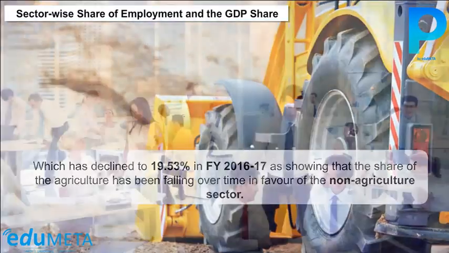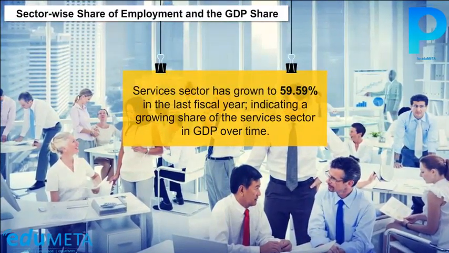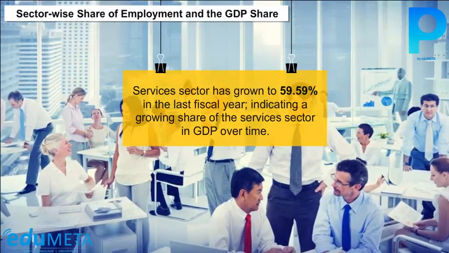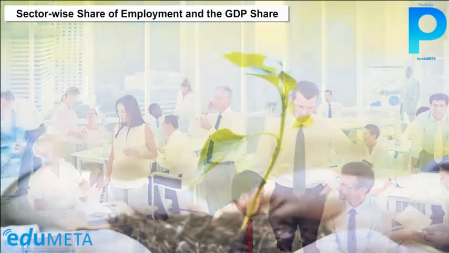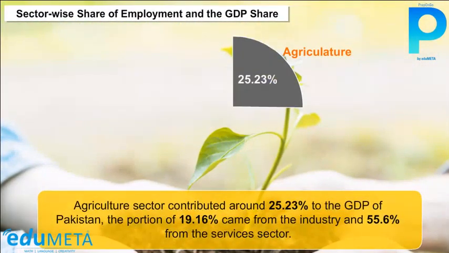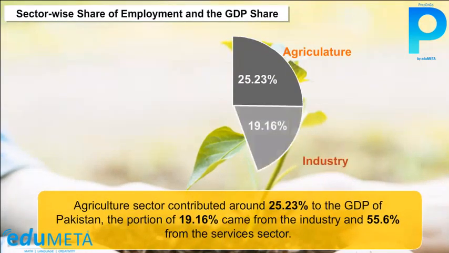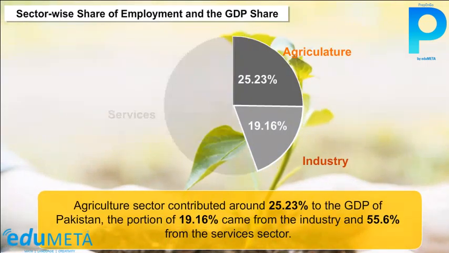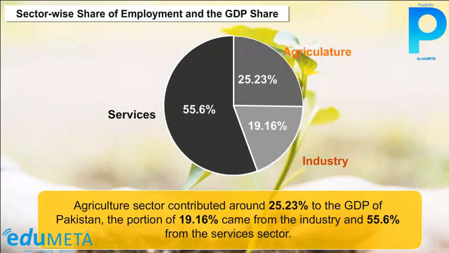However, the share of the services sector has grown to 59.59% in the last fiscal year, indicating a growing share of the service sector in GDP over time. In 2016, the agriculture sector contributed around 25.23% of the GDP of Pakistan. A portion of 19.69% came from industry and 55.6% from the services sector.